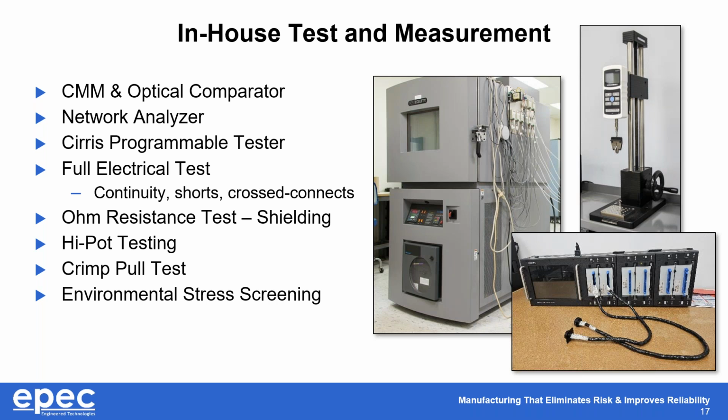So for some of the higher complexity machined bezels, injection molded items, and other things, we can use our CMM and our optical comparator to get the dimensional information and dimensional data that we need to reproduce that part.